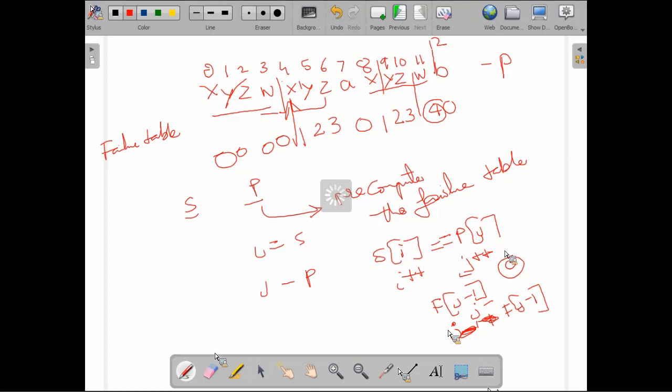So from j, I can go back, or start the matching at j equal to f of j minus 1, something like that.